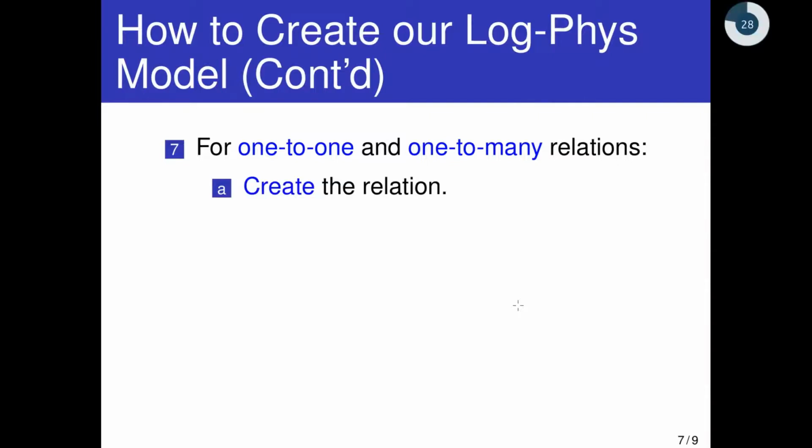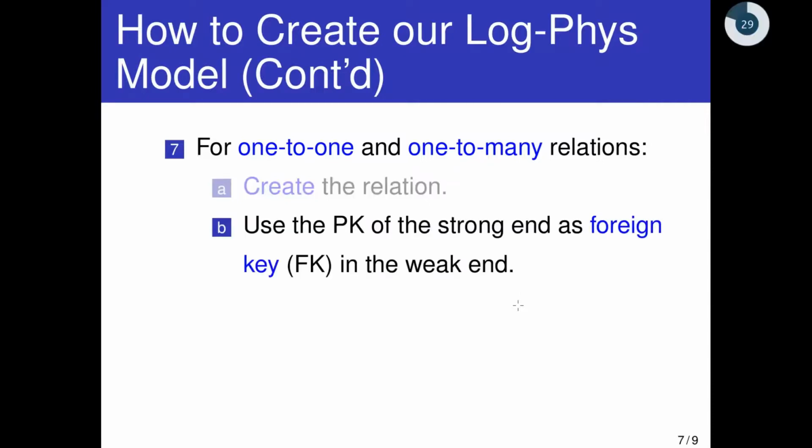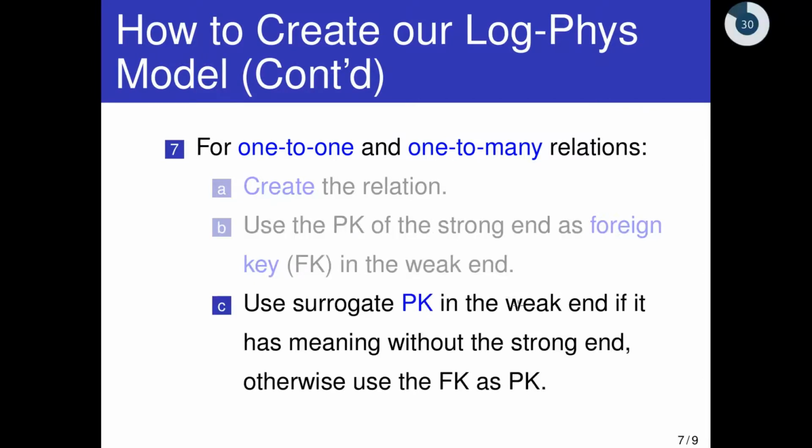Okay, so for each of the relations, we create the relation, and we create a foreign key in the weak end. And as the foreign key, we use the primary key of the strong end. And then we have to assign a primary key to the weak end, and if the entity at the weak end has a meaning on its own without the entity on the strong end, we use a surrogate key.